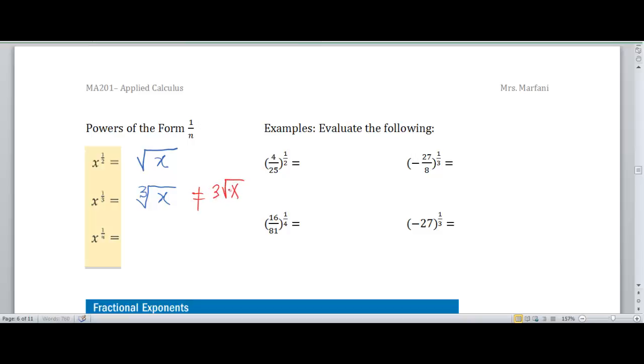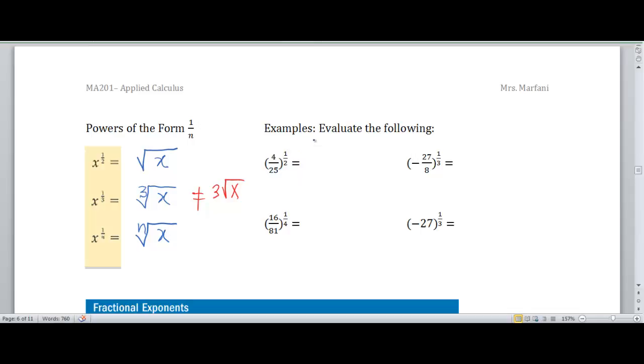If you write your 3 on the outside, that's something different. That means it's 3 times the square root of x. This one is saying cube root of x, okay? And then in general, x to the 1 over n is the nth root of x.